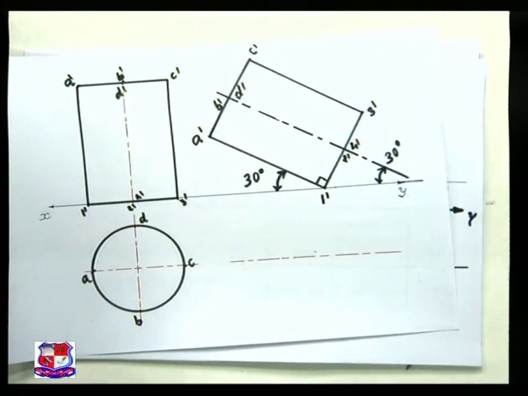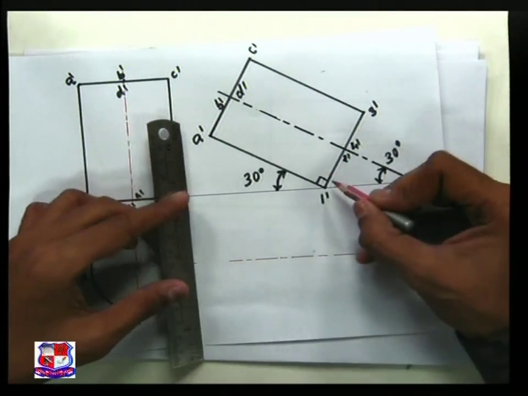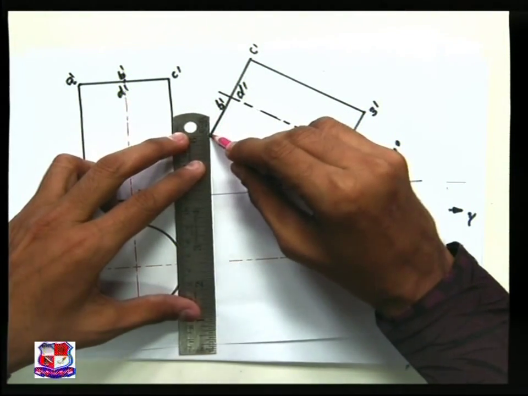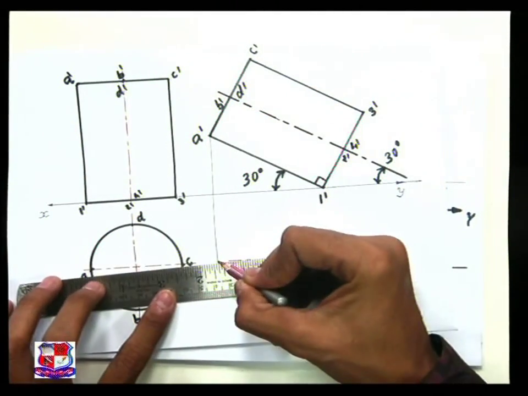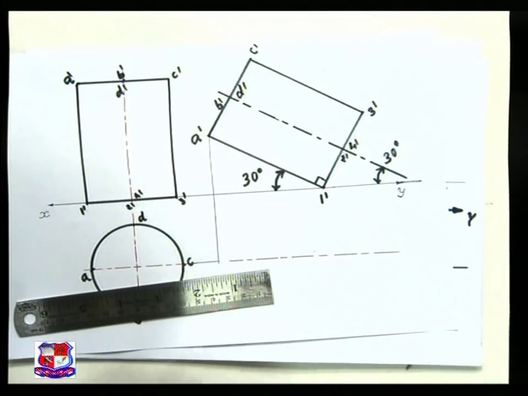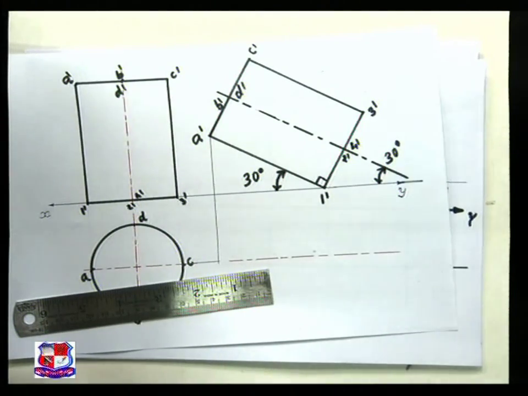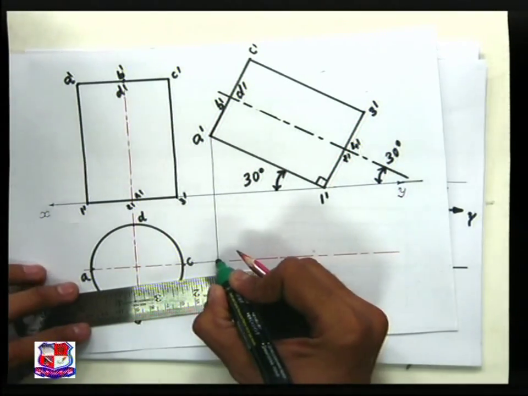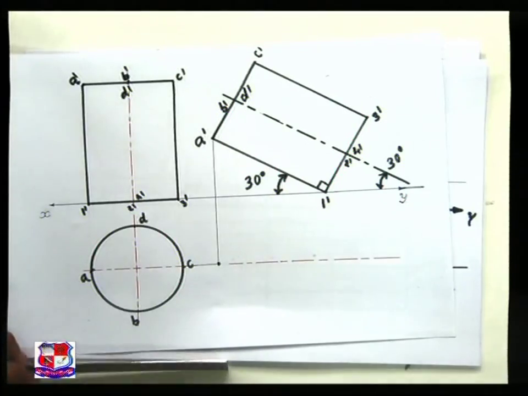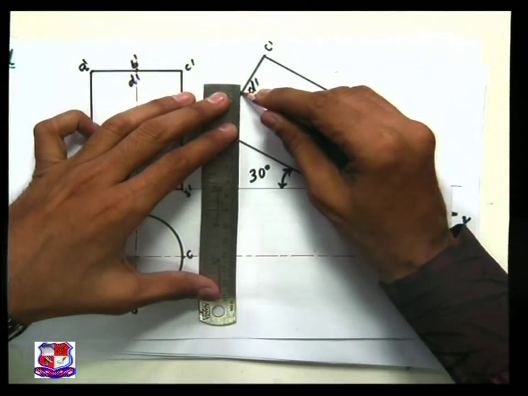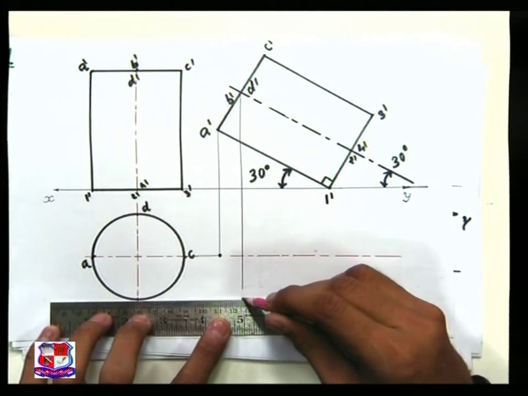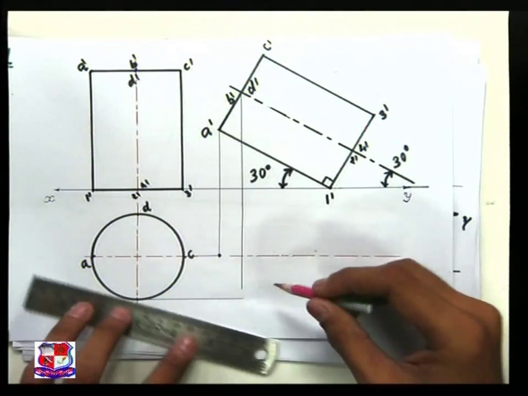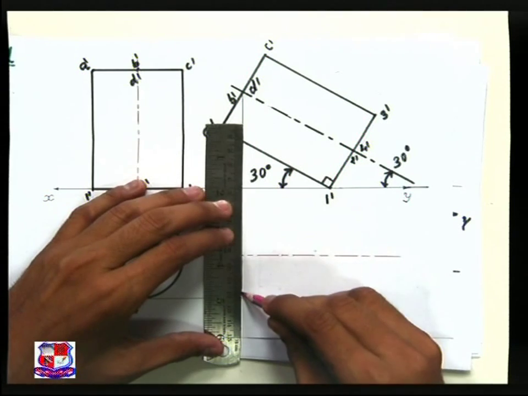Now to draw its top view, let me take projections from here. Draw a vertical line from point A dash like this and a horizontal line from point A. So one point would be here, mark that point. This is point A. Similarly a vertical line from point B dash and a horizontal line from point B like this, and both will meet at one point.